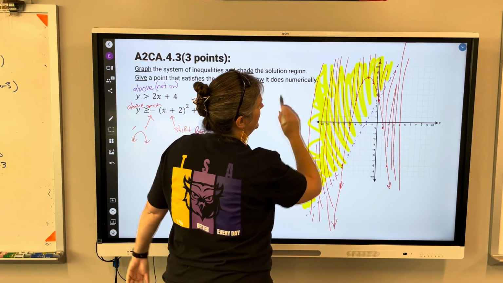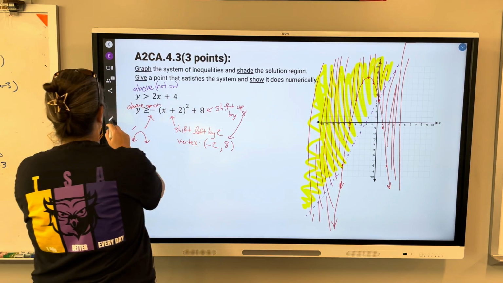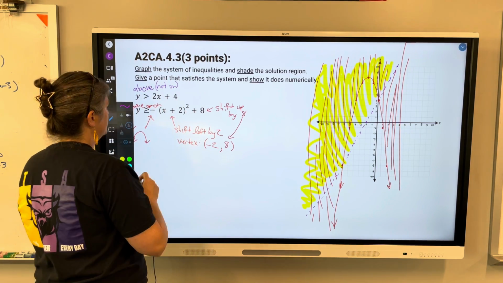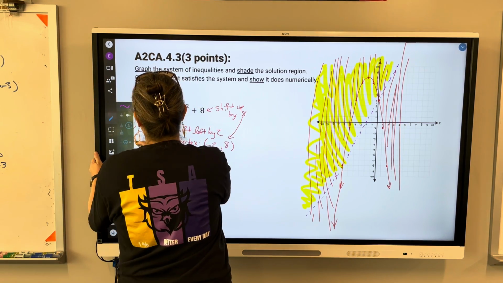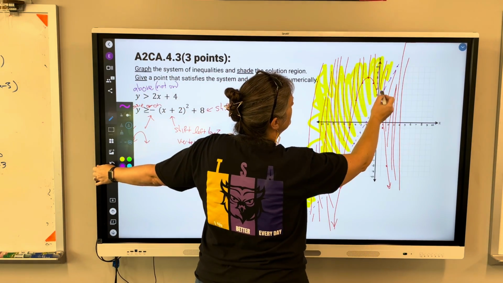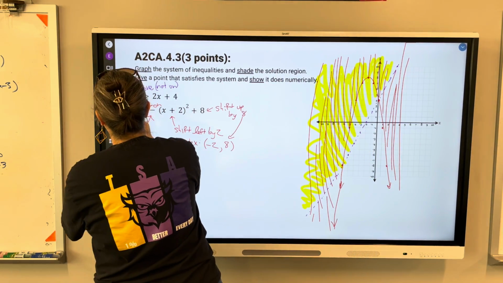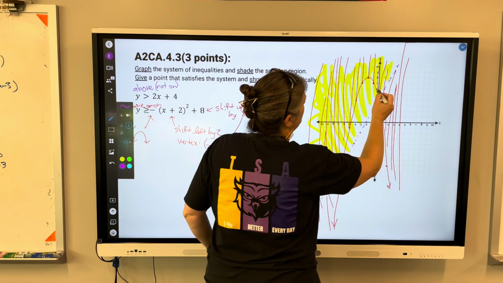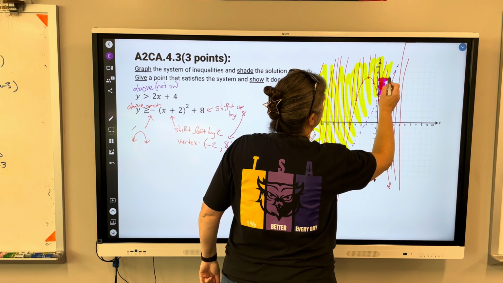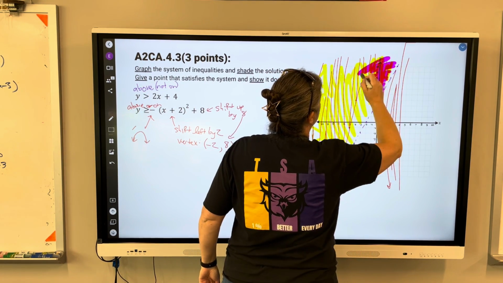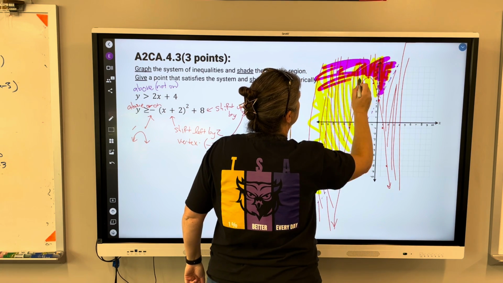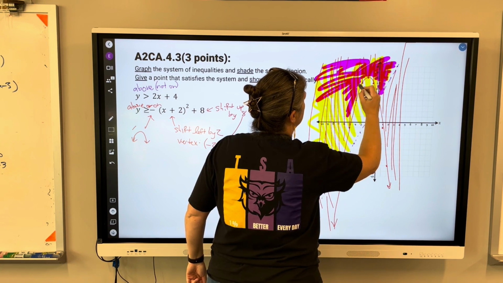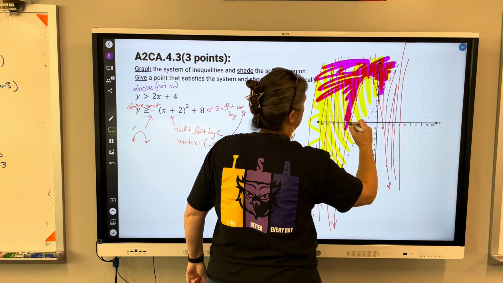But, all right, so my double shaded area, if I'm gonna be as clear as possible, will be this region here, above the line, and above the parabola, not inside the parabola.